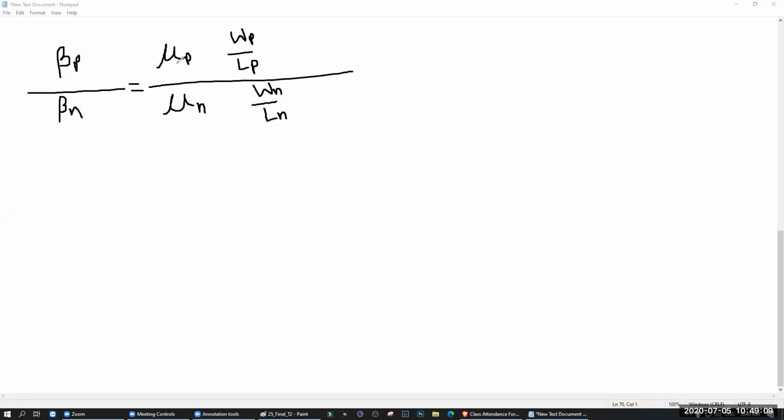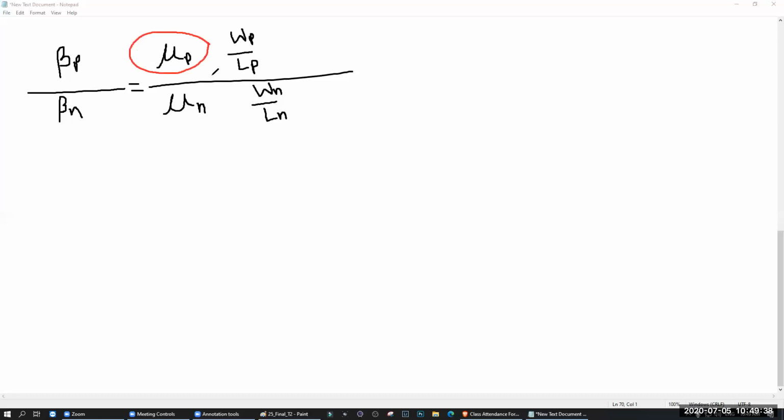So this is the permittivity of the medium. So it depends on the velocity of the carrier. In case of N type, that means the NMOS, it is mu N. It depends on the velocity of electron. In case of PMOS, it depends on the velocity of hole.